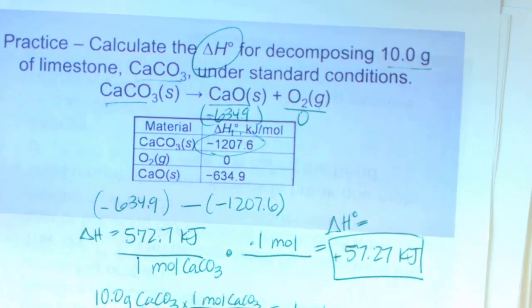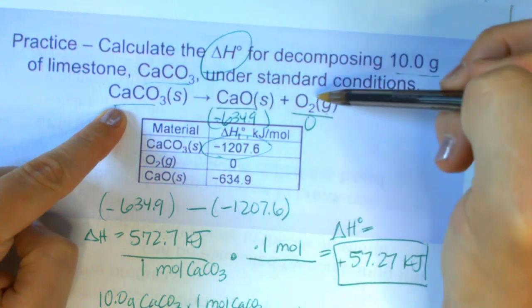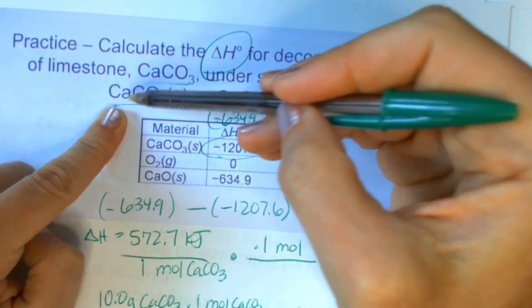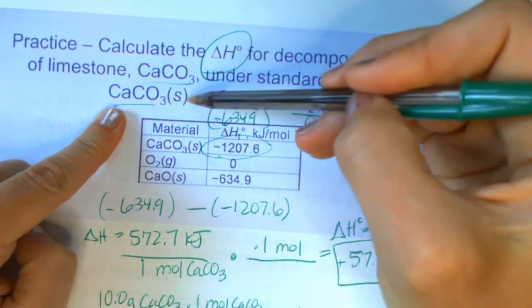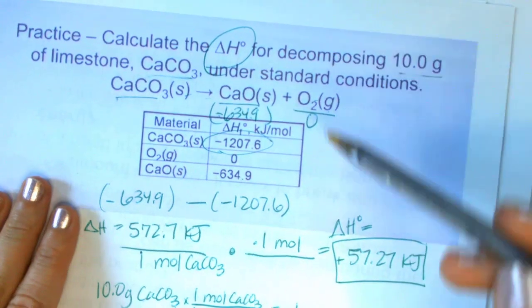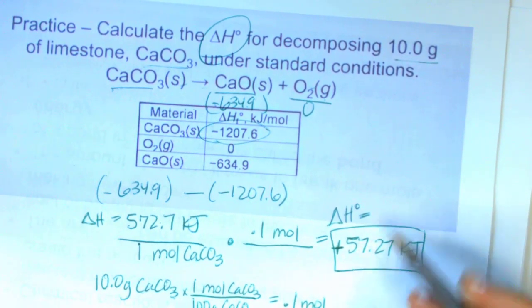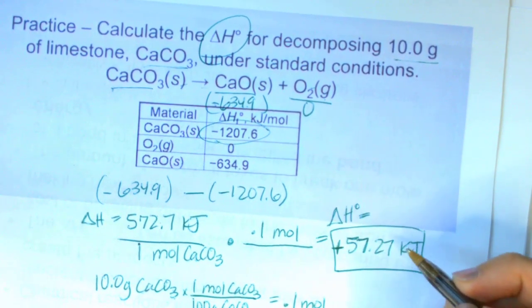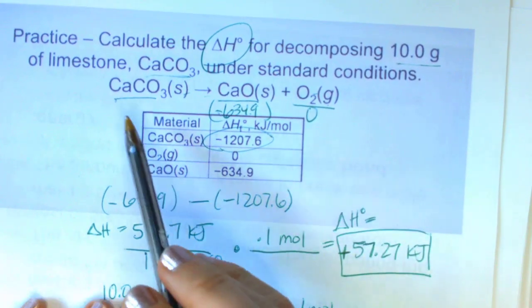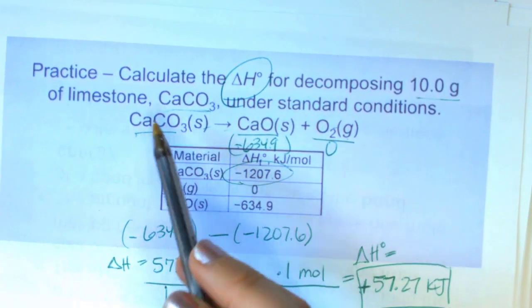So if you go back to think about it, my calcium carbonate, this decomposition reaction, it takes energy to break these bonds, to break them down into what they're made of. This one specifically took 57.27 kilojoules of energy to break apart. So this is an endothermic reaction. We know endothermic breaks bonds.